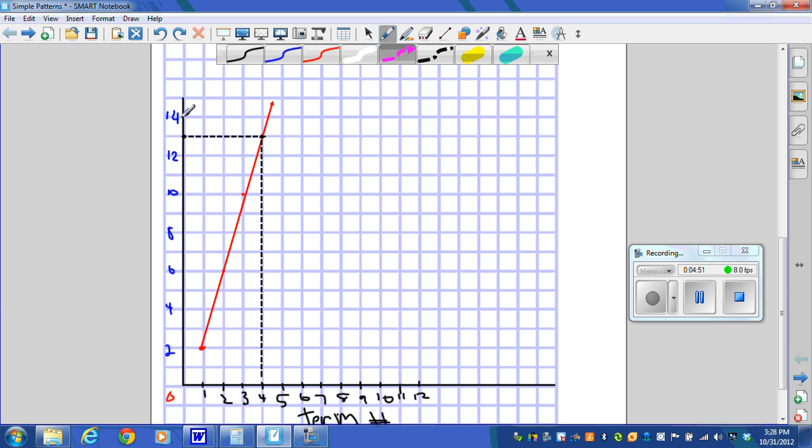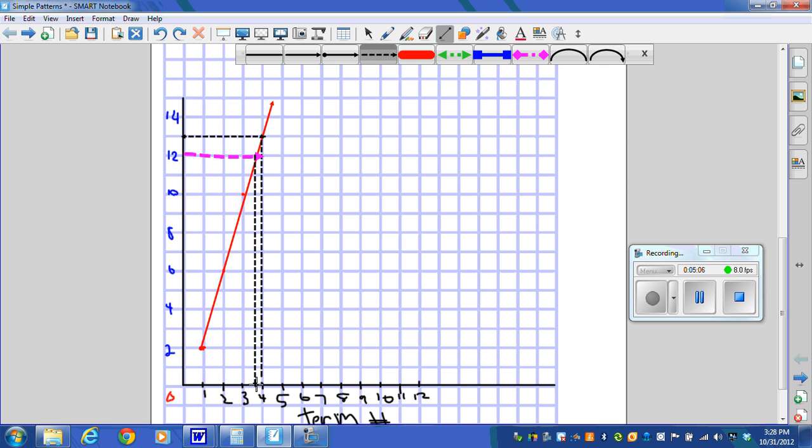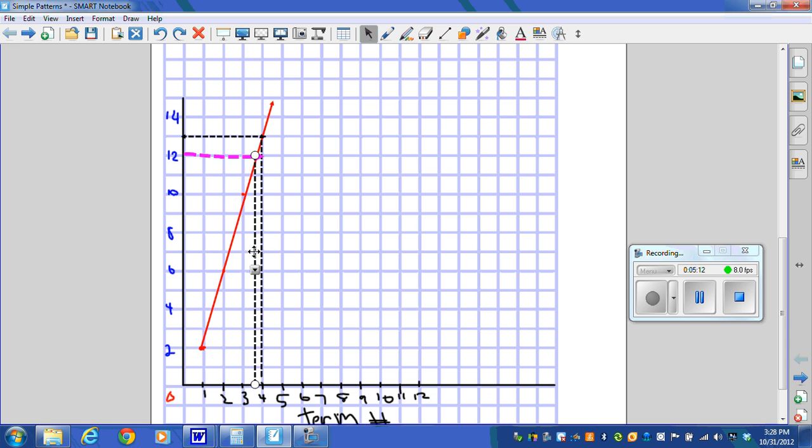Let's say we do 12. If I take this and go across the 12, and then go down, I can see that my value of 12 is going to be somewhere between my 3 and 4 for this particular pattern. So that's how you use the scatter plot in order to determine different things.